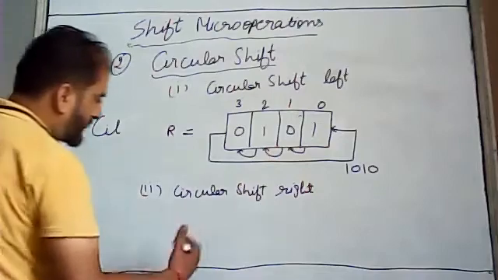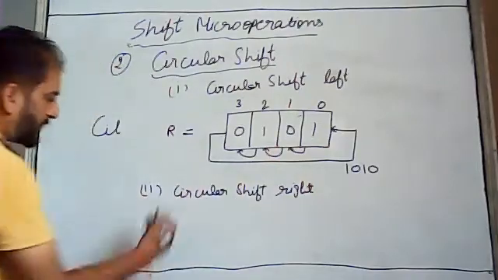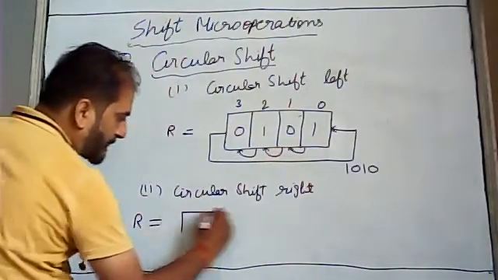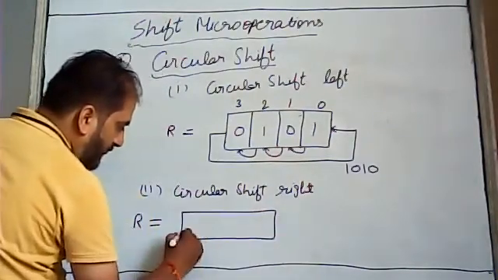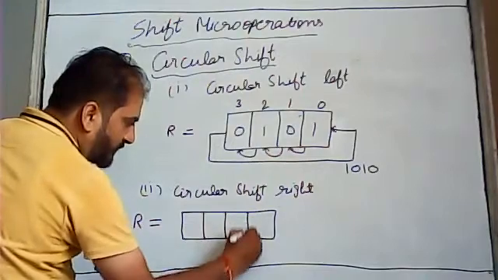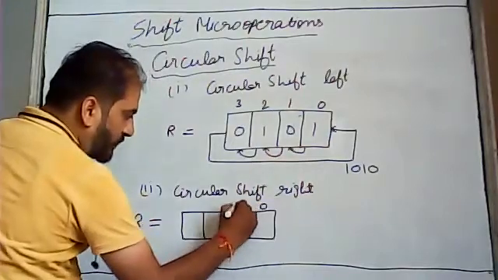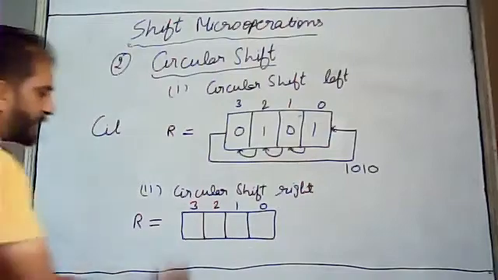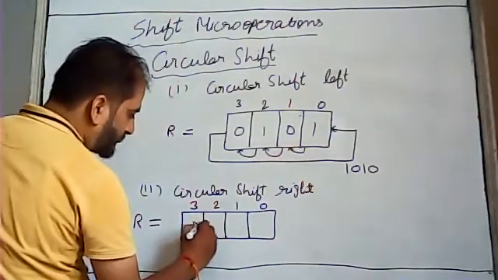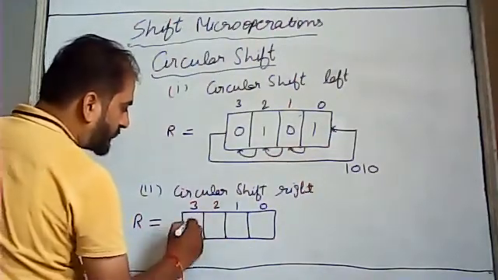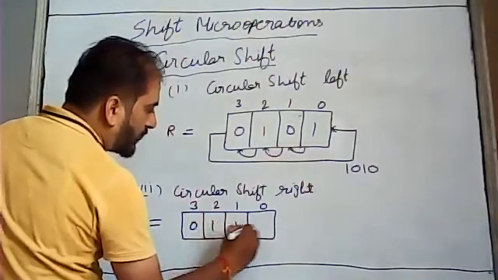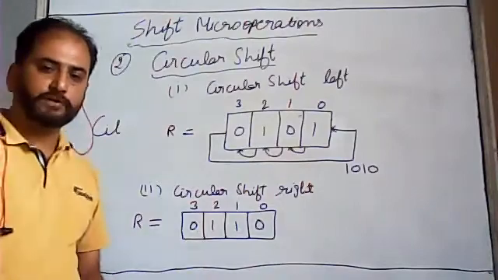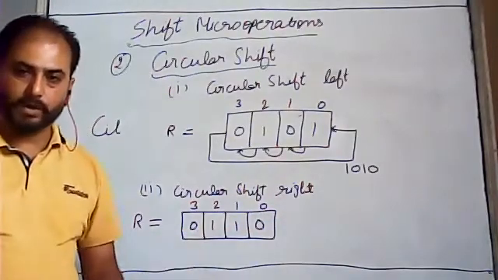Now the next one is circular shift right. Again, let us take an example. We have a register R, here it is of 4 bits, and this is the numbering 0, 1, 2, and 3. Here we have data 0, 0, 1, 1, which I want to shift to the right by 1.